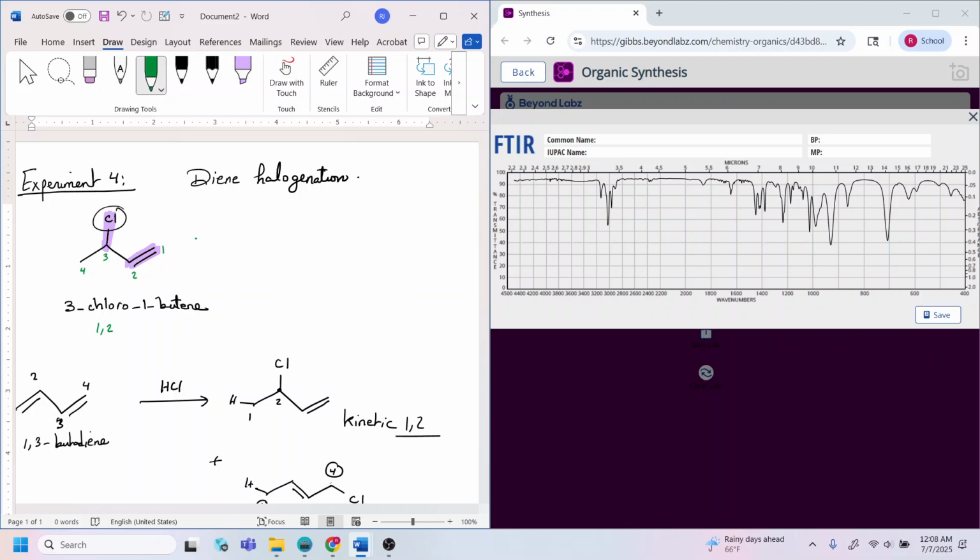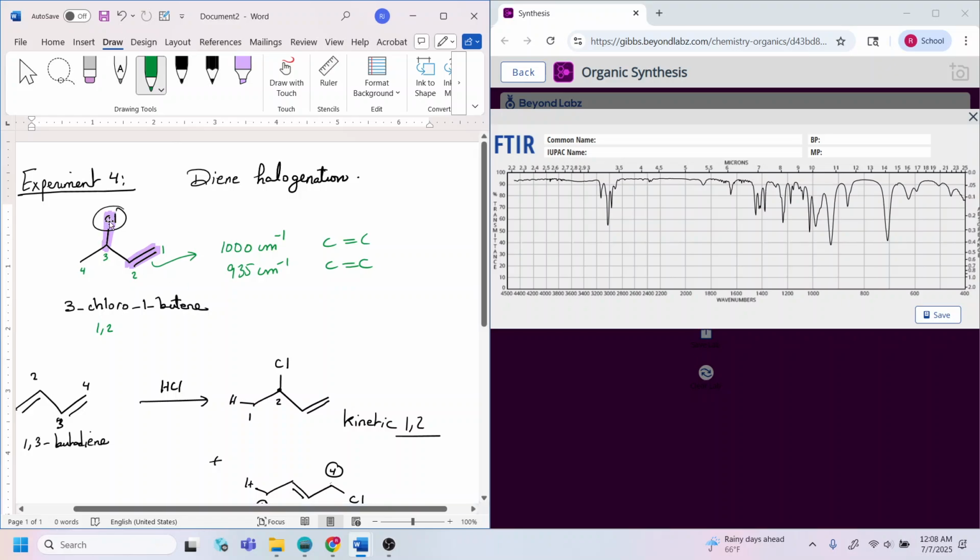So I do have the C double bond C, and the C double bond C should appear at 1,000 centimeter to the -1. This is the C double bond C. And another one should appear around 935. So these two are for the alkenes. So the 935 centimeter to the -1, and this is the other C double bond C.